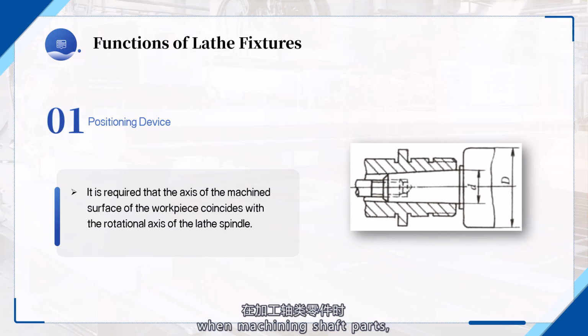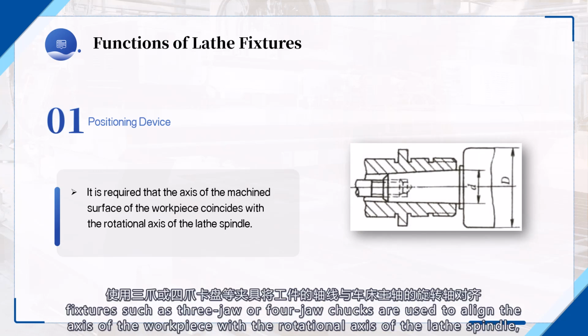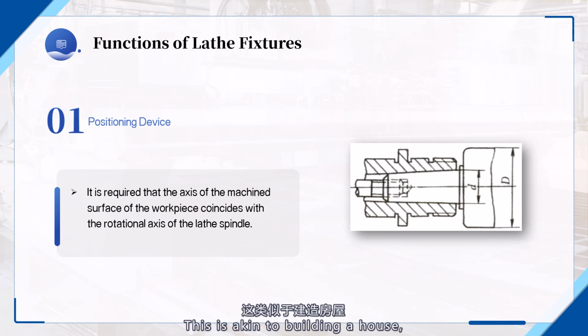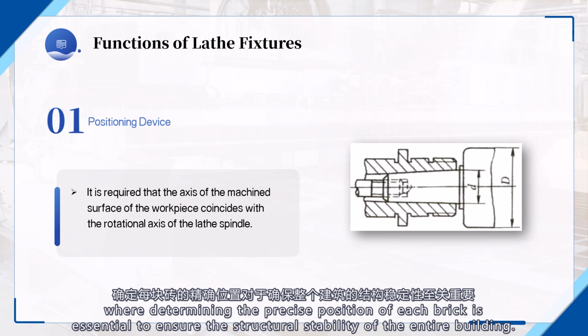For example, when machining shaft parts, fixtures such as 3-jaw or 4-jaw chucks are used to align the axis of the workpiece with the rotational axis of the lathe spindle, ensuring positional accuracy in both the circumferential and axial directions. This is akin to building a house where determining the precise position of each brick is essential to ensure the structural stability of the entire building.